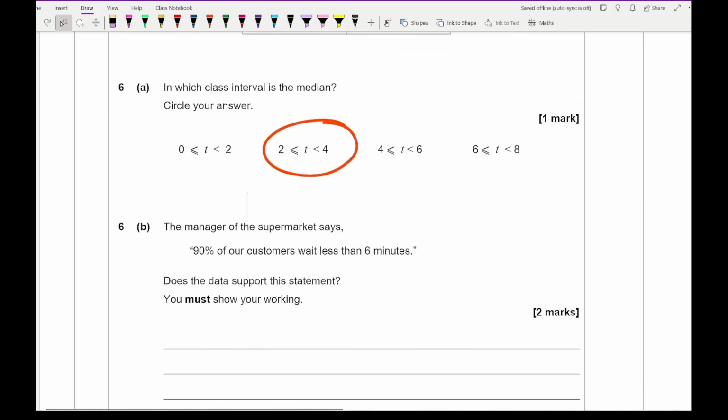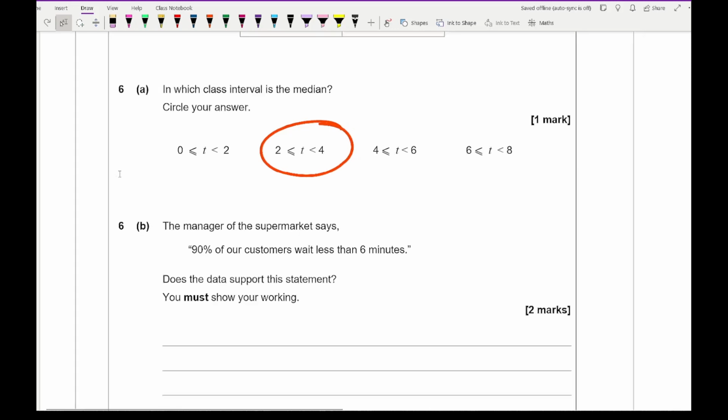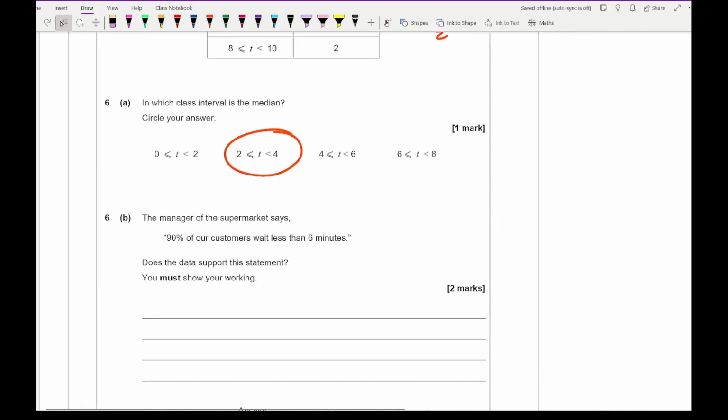Then with question 6b, it says the manager of the supermarket says that 90% of the customers wait less than 6 minutes, and says does the data support the statement? So for this, if I just zoom out a little bit, 90% of 80 customers equals 72 customers.